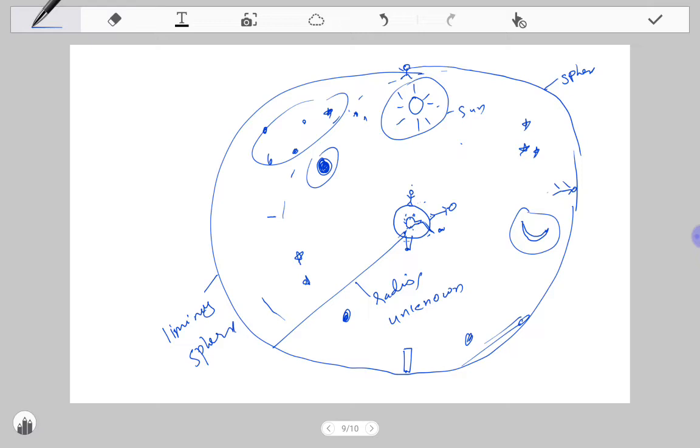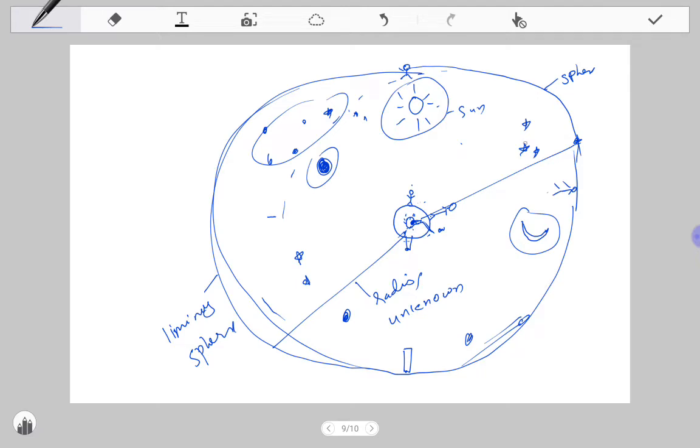But one thing is common between the earth and this sphere: the center of the earth and the center of the sphere are the same. So the center of the sphere is considered as the center of the earth.